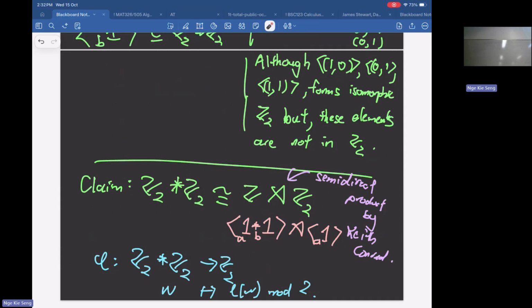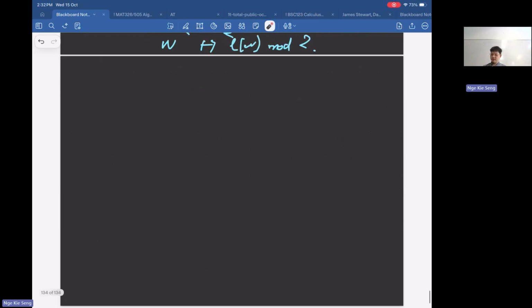So there's some other product we need to take. I won't define it for you, but you can look it up. Moreover, this is what we call the infinite dihedral group. It is the group of symmetries of the infinite line with a vertex at every integer.